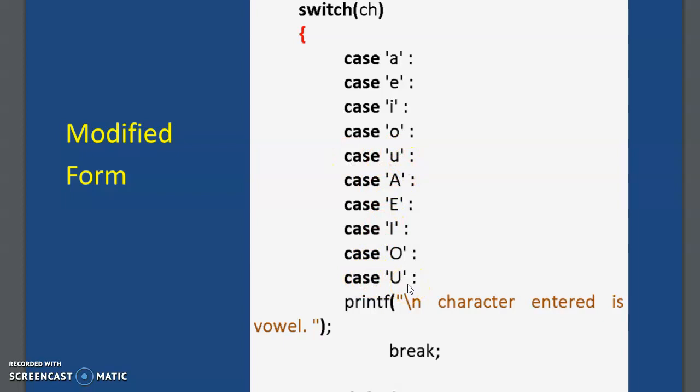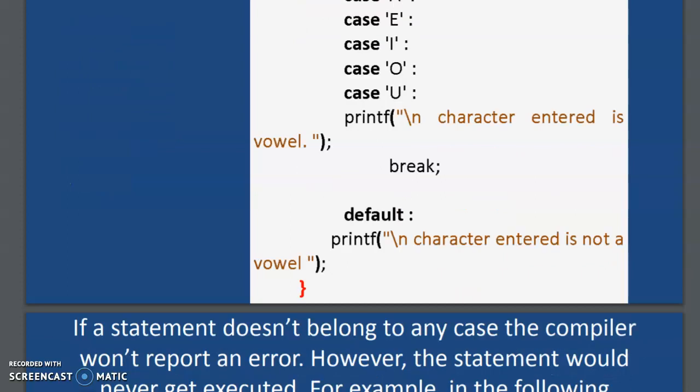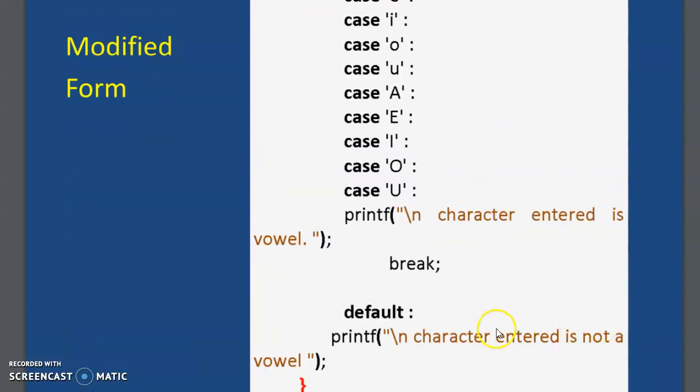Why so? Because whichever statement is true, we have not added a break either. So even if this case is true or this case is true, this statement is bound to get executed because with none of the cases we have used break. So if we find ch to have any of these values, we are bound to get character entered is vowel, else we will get that the character entered is not vowel.